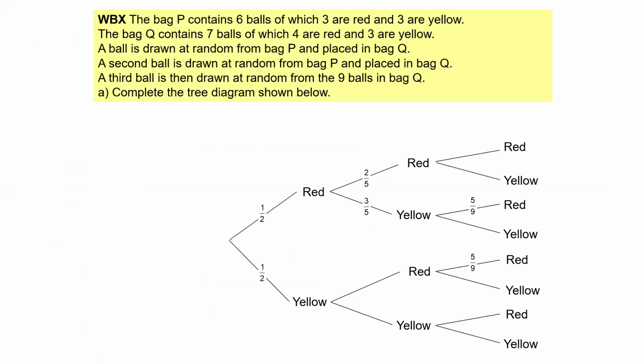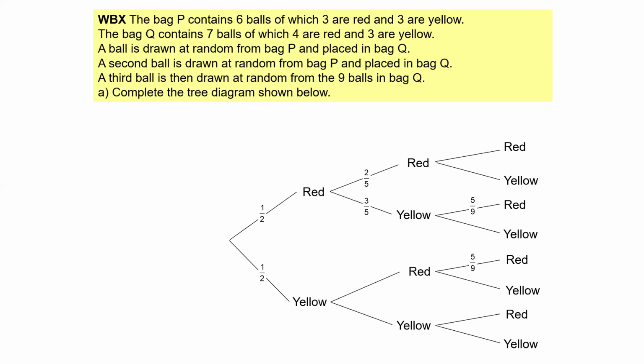He says, complete the tree diagram shown below. Now, can you fill it? Okay, sir. Just give me a second. So is it without replacement or with? A ball is drawn at random from bag P and then placed in bag Q.